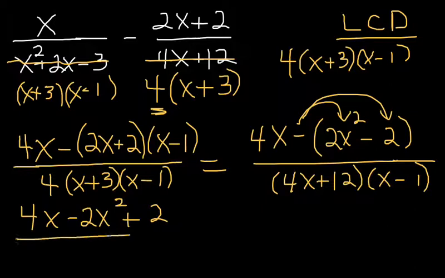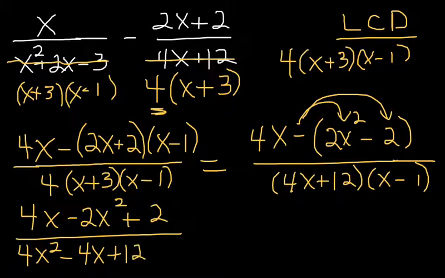And then on the bottom, I'm going to put together the two binomials. 4x times x is 4x squared. 4x times negative 1 is negative 4x. Got a little crazy there with my negative sign. Just try that again. And then plus 12x, 12 times x, and minus 12.